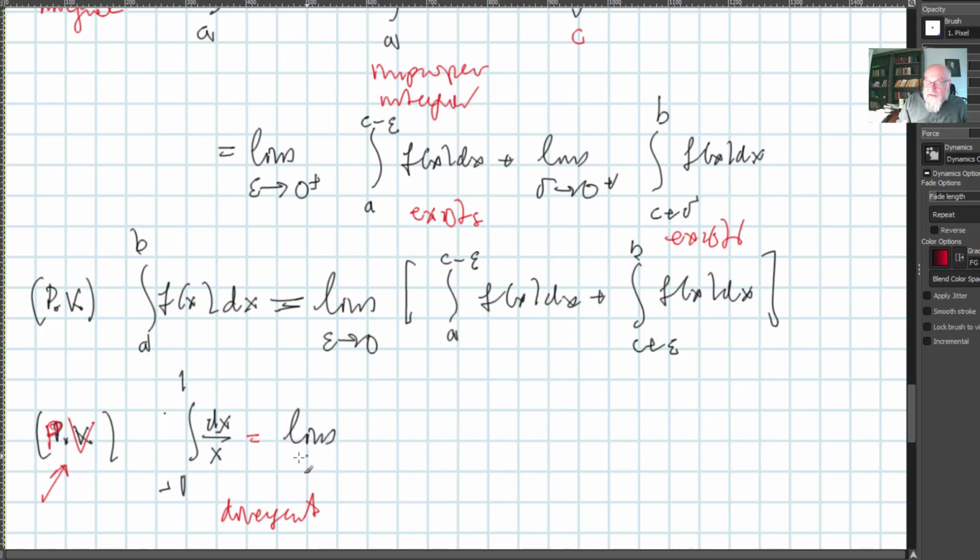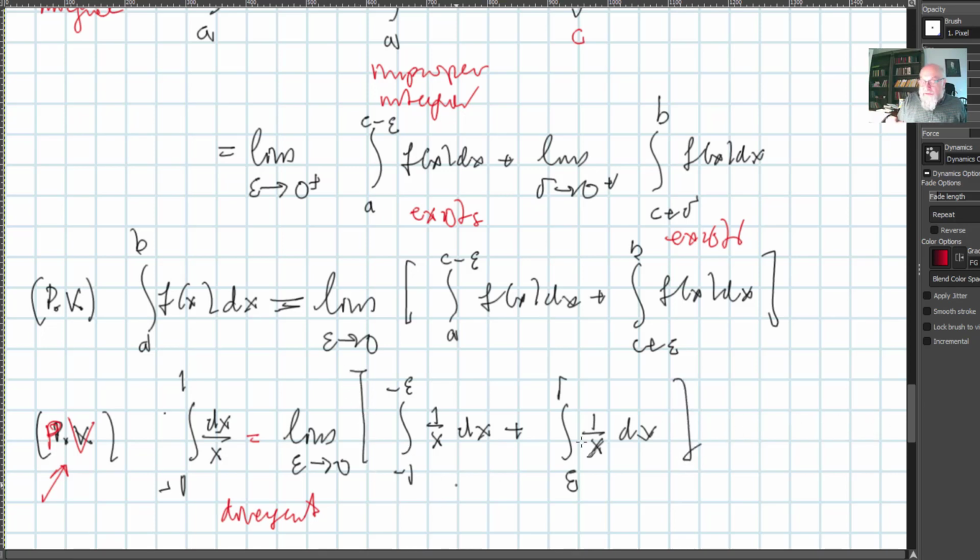This is the limit as epsilon goes to 0 of the integral from minus 1 to minus epsilon of 1 over x dx, plus the integral from epsilon to 1 of 1 over x dx.